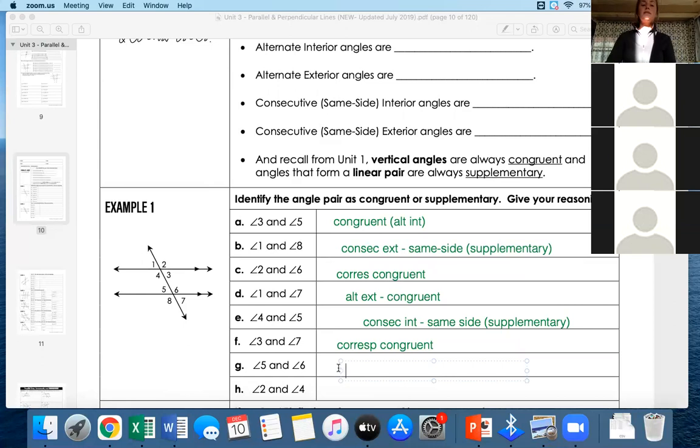5 and 6. Those are not an angle pair, because these are just two normal supplementary angles. So they're not what we've been doing right now. I wouldn't count you off if you answered this, but they're just supplementary.